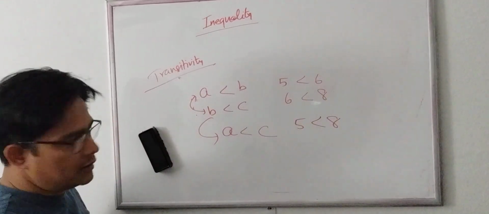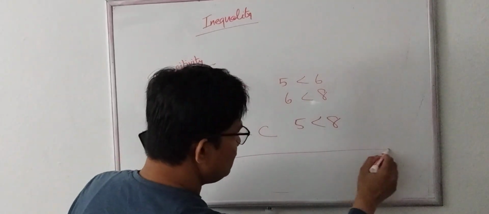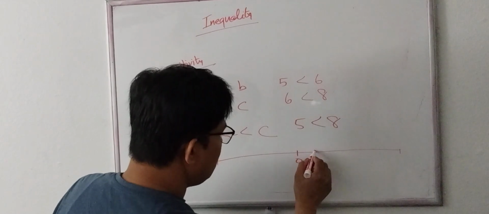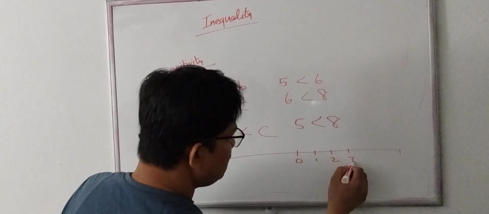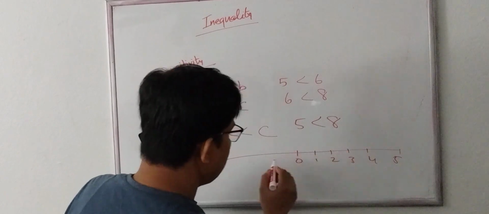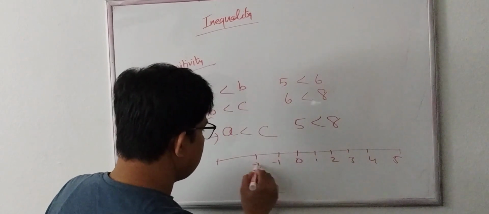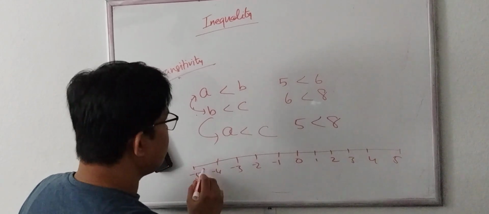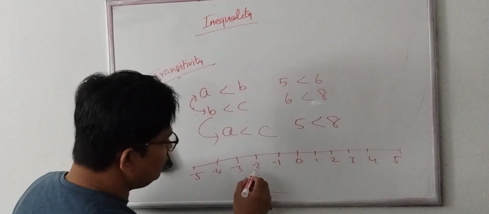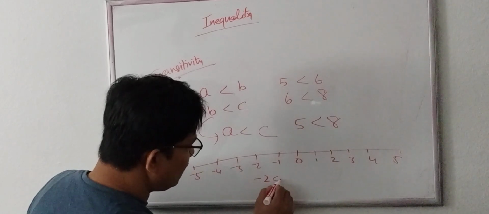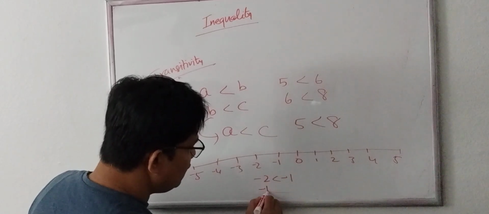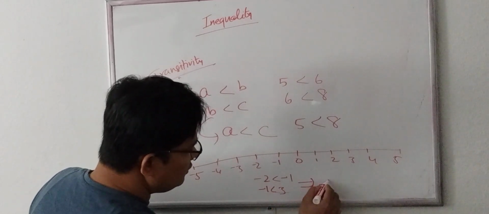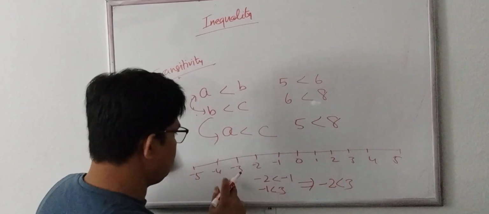Correct? Now, same thing, think on the number system, the number line. 1, 2, 3, 4 and 5, minus 1, minus 2, minus 3, minus 4 and minus 5. So if I say minus 2 is less than minus 1 and minus 1 is less than 3, it means minus 2 is less than 3, which is obvious.